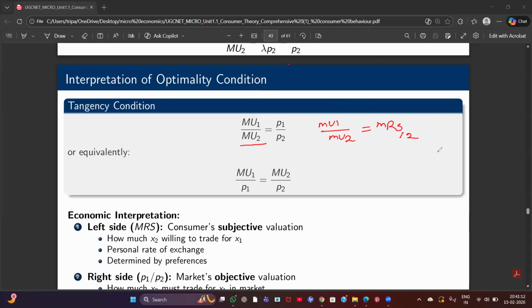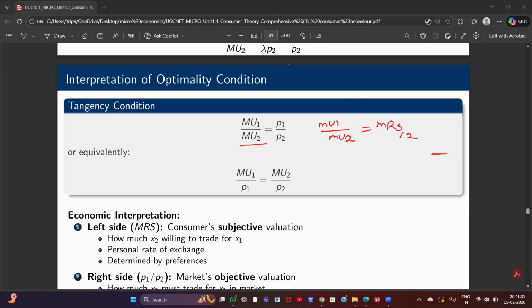So what does this MRS explain? It explains that if a consumer increases 1 unit of the first commodity, then he will reduce some units of the second commodity. That means he'll trade 1 unit of the first commodity for how many units of the second commodity?